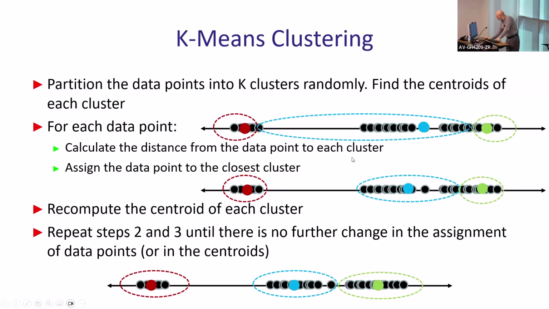And then you allocate who is the closest to the red dot, okay? Who, from the black dots, is the closest to the blue dot? Let's say this is your initial blue dot, this is your initial green dot, and this is your initial red dot, okay? So closest to the red dot will be all of these points, right? Closest to the blue dot will be all of these points, okay? Something like that, right? Closest to the green dot will be that thing.